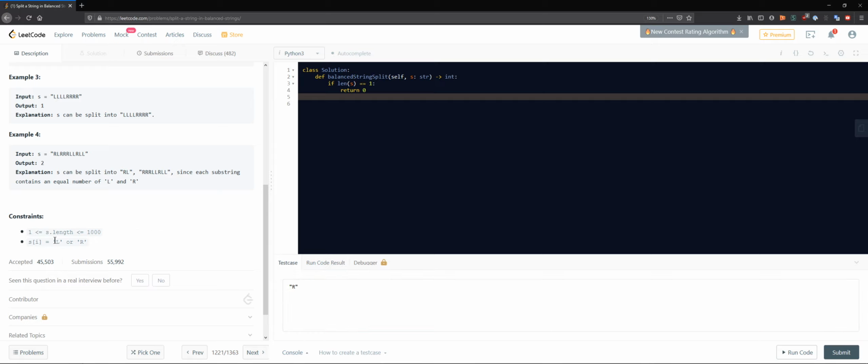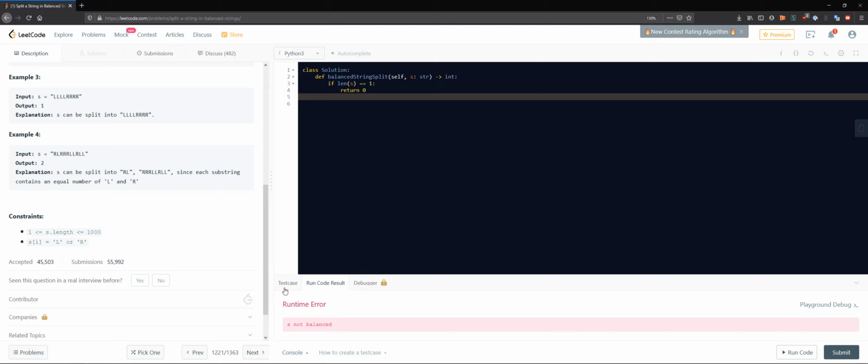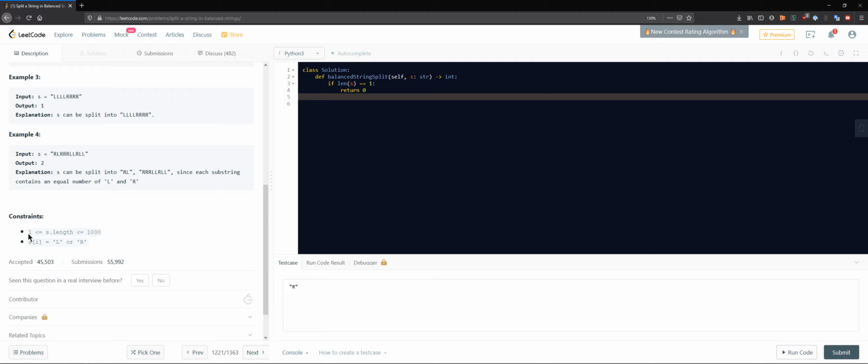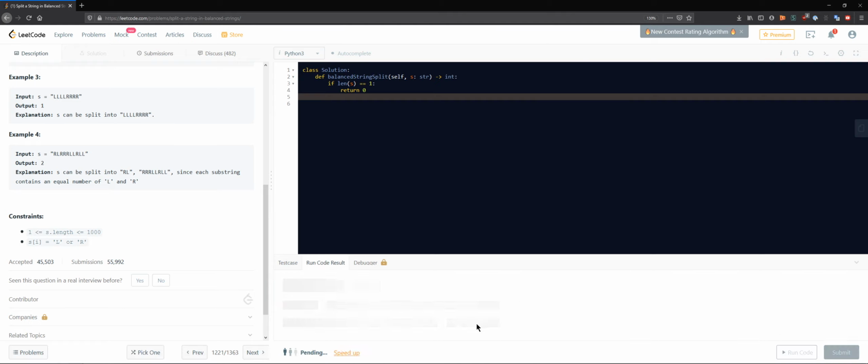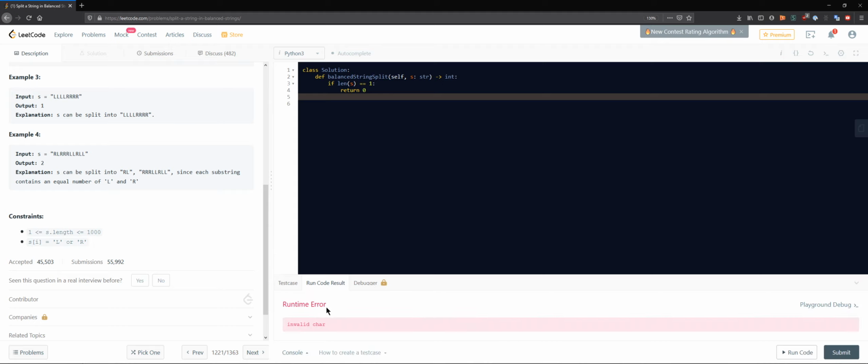Well, as it's not balanced, and this is exactly what they say, a length of s being at least 1, so I'm not sure why they would say that the length can be 1, since I'm not thinking of any other case. Well, maybe you could do a Z, something that doesn't contain L or R, right? I'm not sure if that would work in this case.